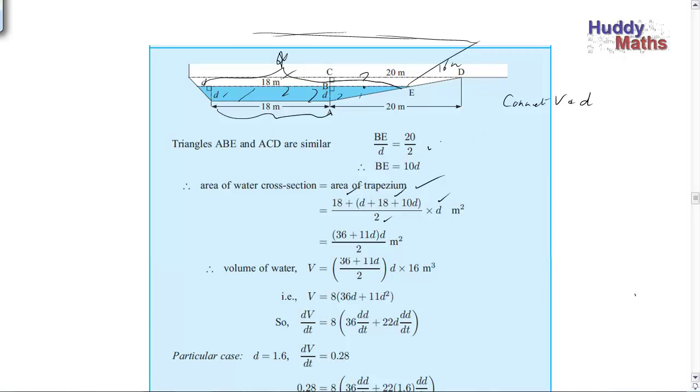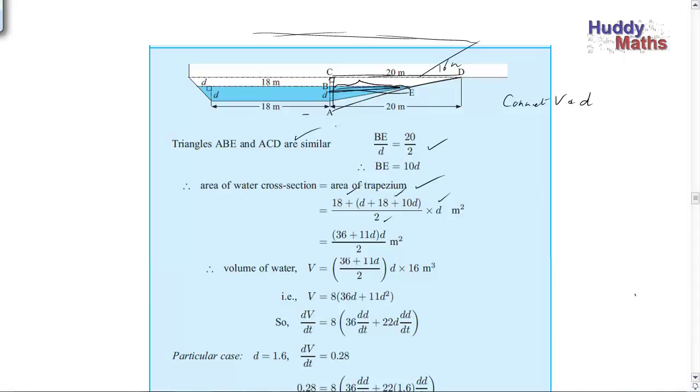So we're going to use similar triangles. Let's stop that again and go back. So to get this length, can we use similar triangles? Okay, ABE and ACD are similar. Can you see that? So you need to know a bit about your similar triangle stuff, those two triangles.